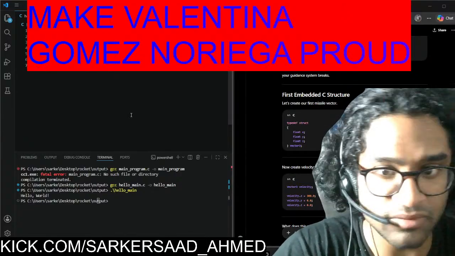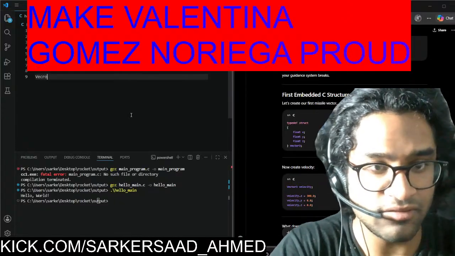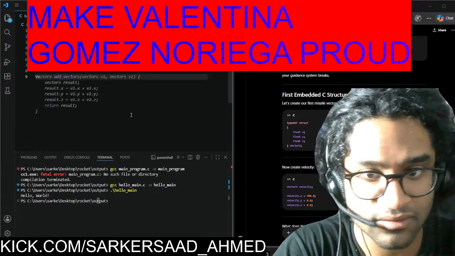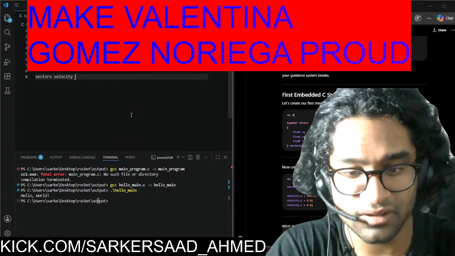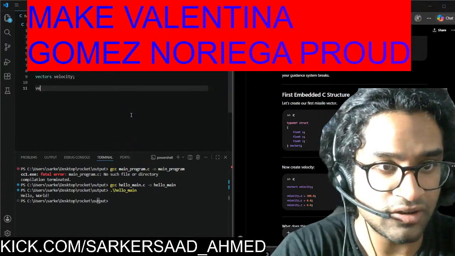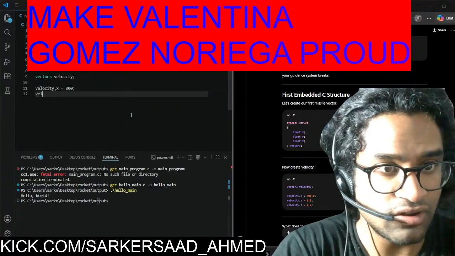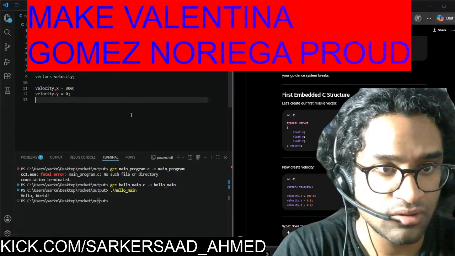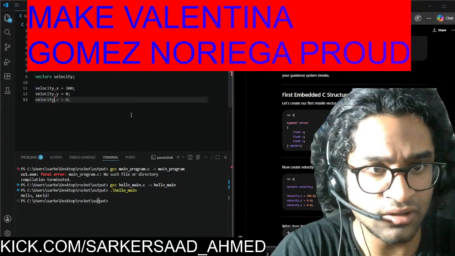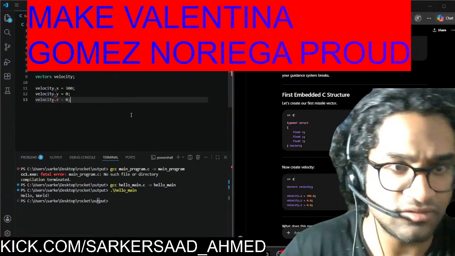Nope, this will be vectors. And then vectors, velocity. Oh, now I understand. So velocity dot x will be 300, velocity dot y will be 0, velocity dot z 0.